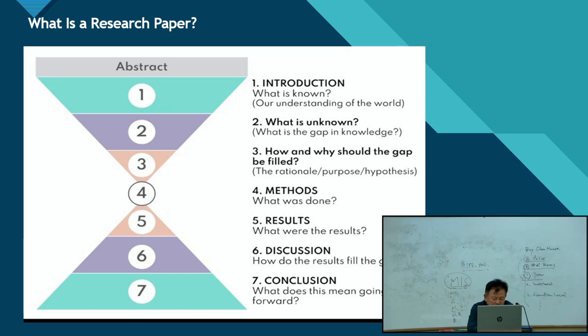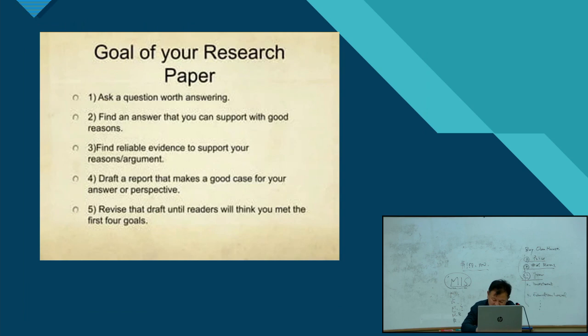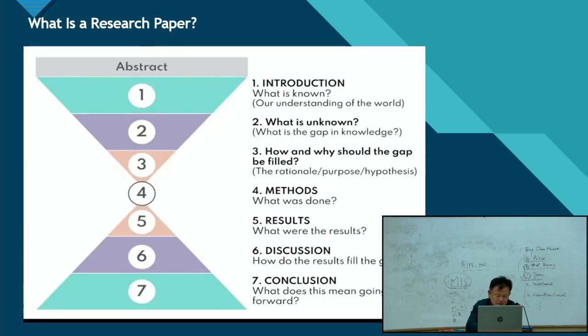And the method. What was done? What is your method for your result? And the result means what were the results? What did you find? And discussion. I can find the result and findings, but others have a different idea, different findings. What is the reason? It is the discussion part.